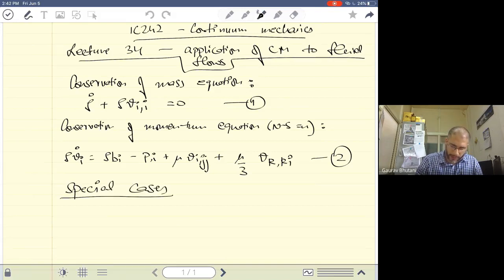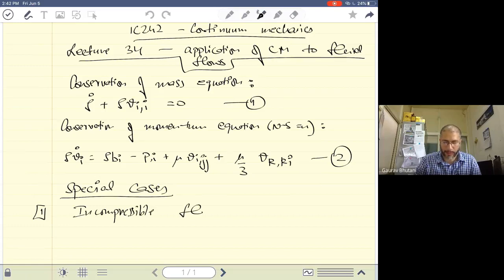So the first special case is incompressible flow or incompressible fluid. Incompressible fluid. So that means that the fluid is incompressible. For example, water. So that means if you put water in a box and apply pressure to it, then the density will not change for this fluid, for water in this case.